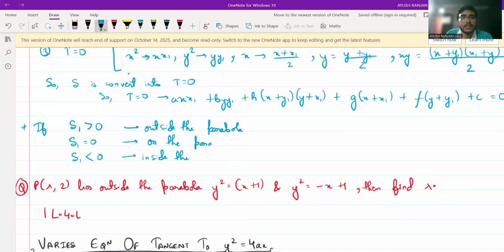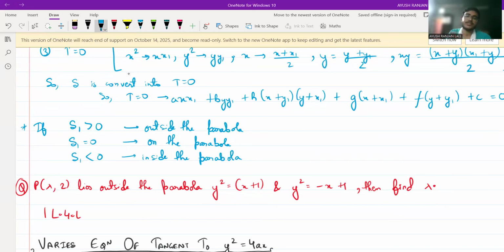Remember, S1 greater than 0 means outside the parabola, S1 equals 0 means on the parabola, and S1 less than 0 means inside the parabola. Same to same happens in the circle, the ellipse, and the hyperbola also. But you have to check by putting the value x1 comma y1.